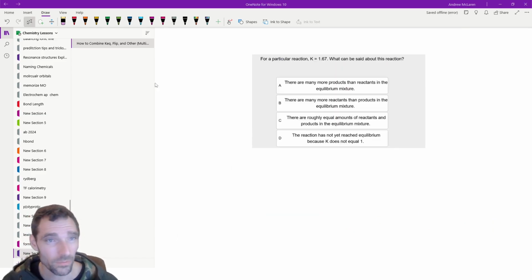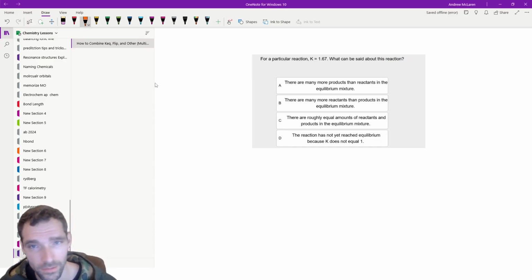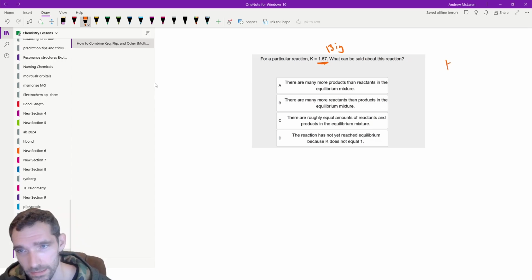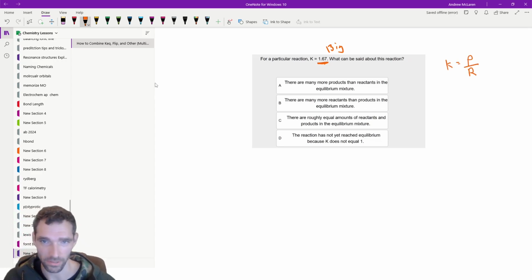This is a pretty quick one. If we've got a number that is bigger than 1, this is kind of big relative to things that are less than 1. So we're saying that the K expression, the products over reactants, seems to be favoring the products a bit more. But they're close, so I wouldn't say there's many more.